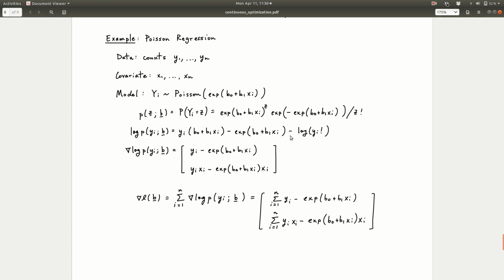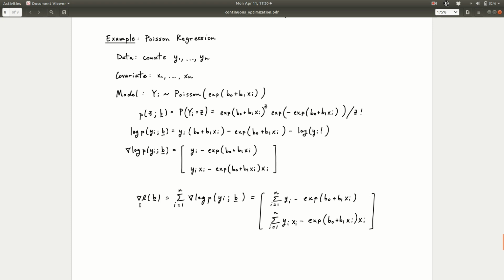And this one goes away. Taking derivatives with respect to b1, you'll get yi times xi here. And here you get e to this stuff times xi. So that's this. And this goes away because that doesn't depend on b0 or b1.